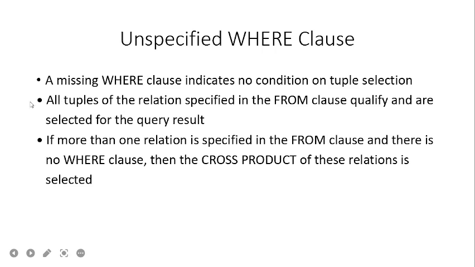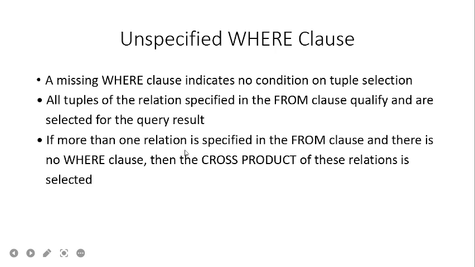If there is no condition for tuple selection, we will be retrieving all tuples of the relation. That is, all tuples of the relation specified in the from clause qualify and are selected for the query result. So this condition is not given, so all the tuples will be selected for the output.